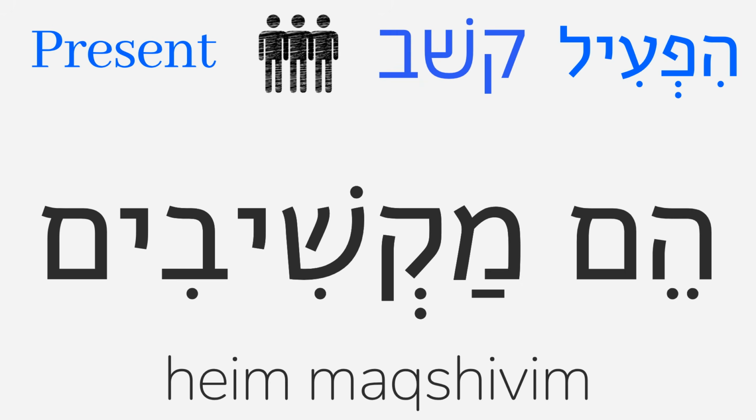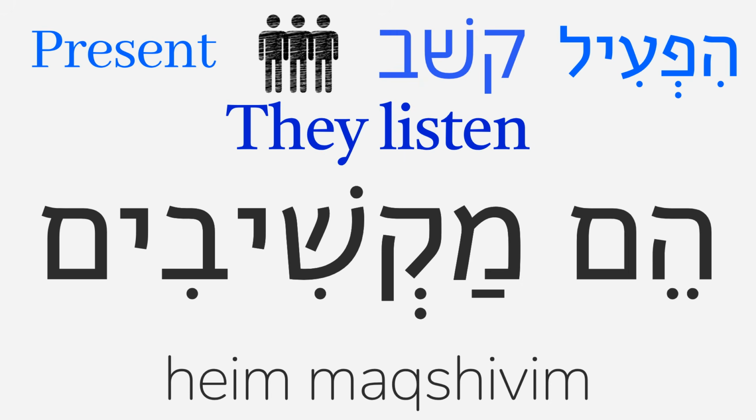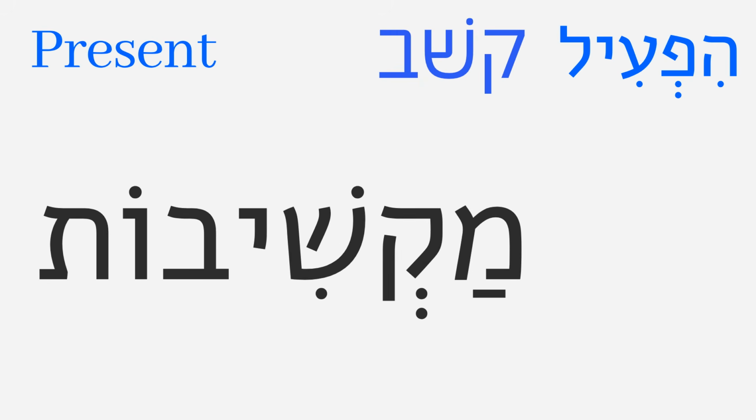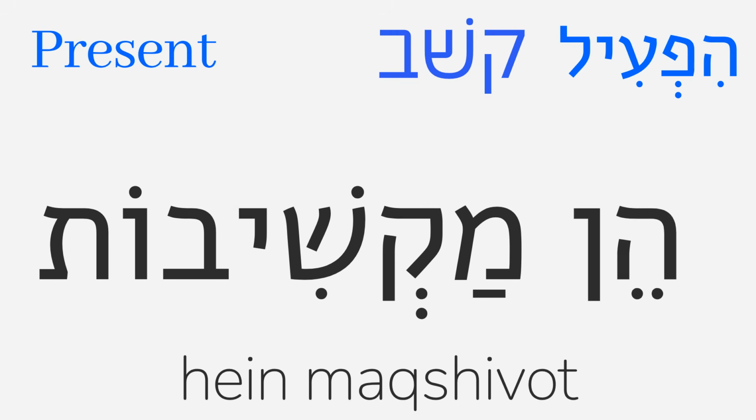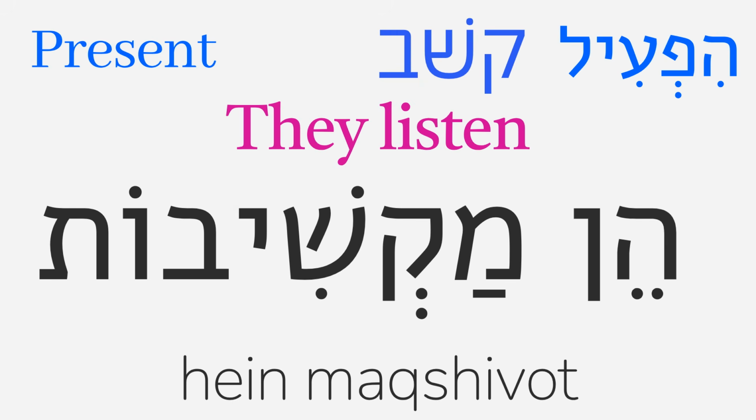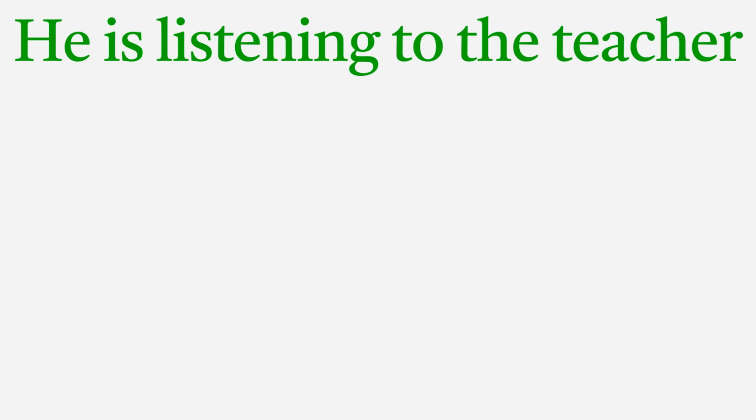Hem makshivim, they listen, in masculine form. Lastly, adding ot, we make makshivot, listen in feminine plural form, which we can use to say hen makshivot, they listen in feminine form.